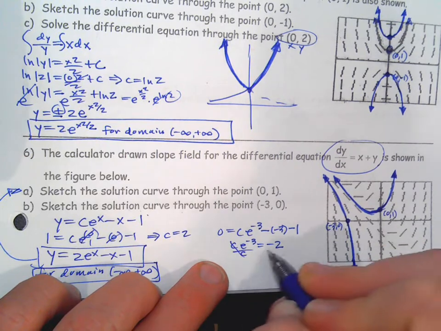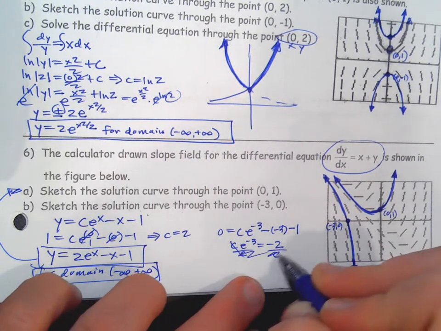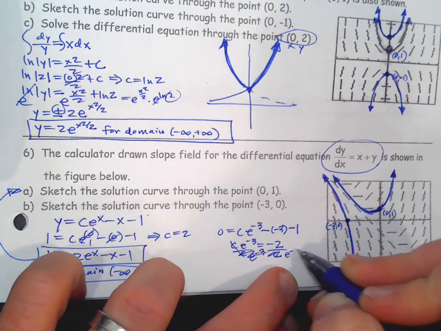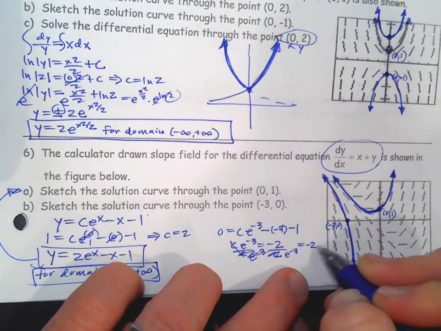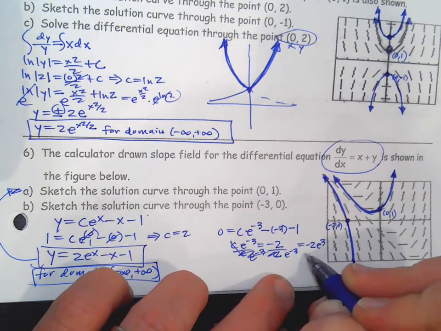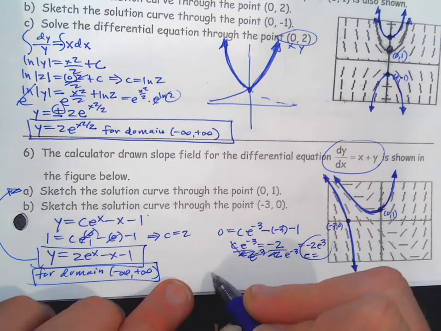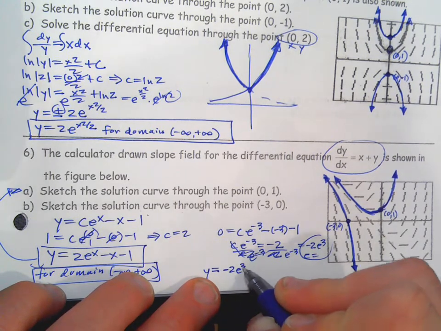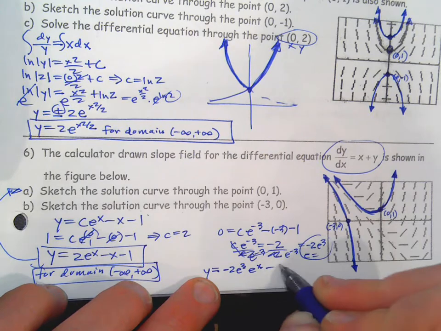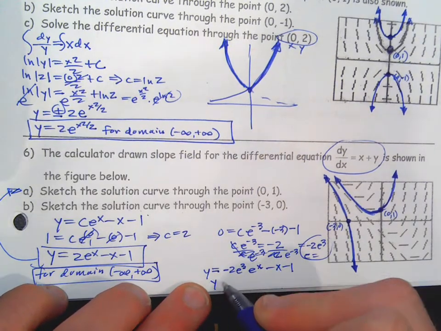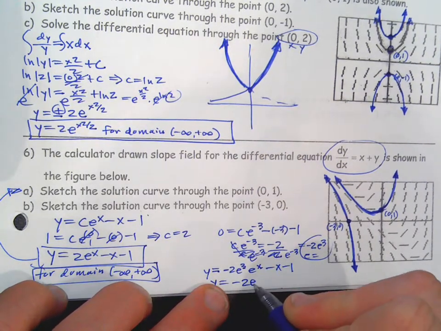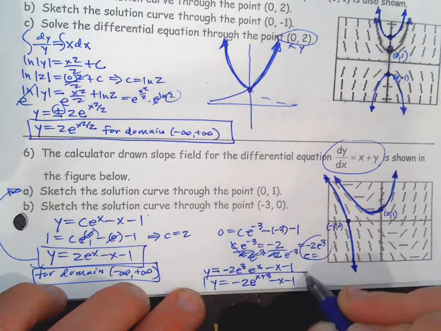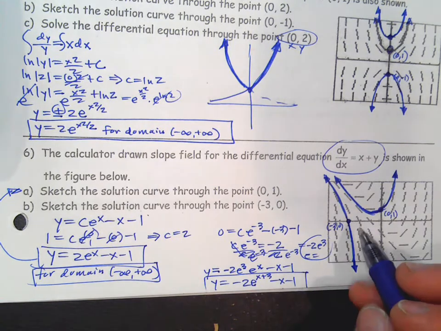Oh wait, no, we're trying to solve for c, so divided by e to the negative 3. So we get negative 2 e to the 3. So that's what c is. When you plug it back in, you get negative 2 e to the 3 e to the x minus 1. So you get negative 2 e to the x plus 3 minus x minus 1. So that's the solution for this one.